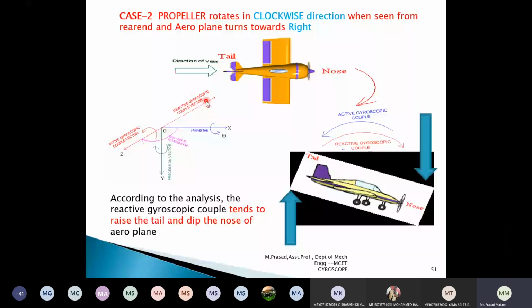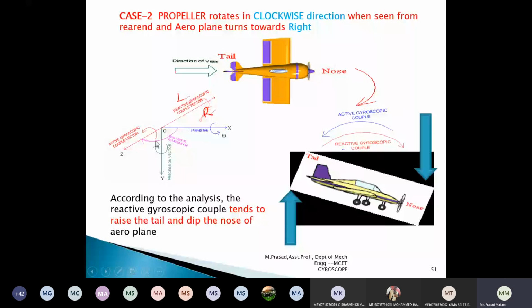You can see I have drawn how the active couple is moving. Let me denote it with the pen. This is my left side, and this is my right side. How is the active couple moving? It starts moving from the right side to the left side.